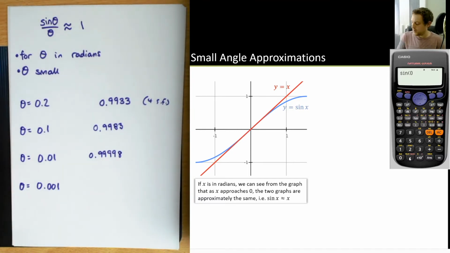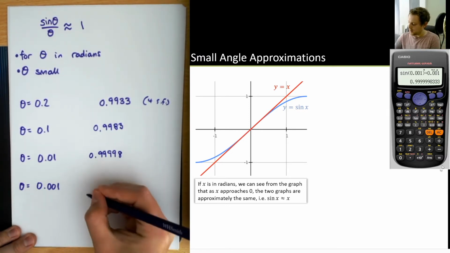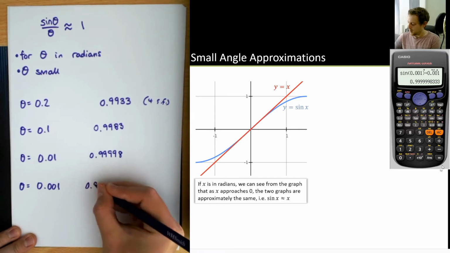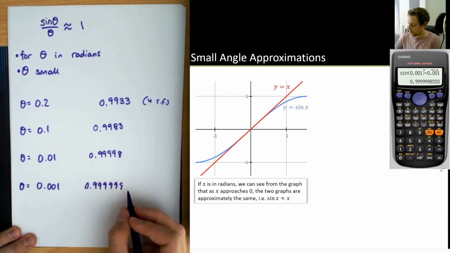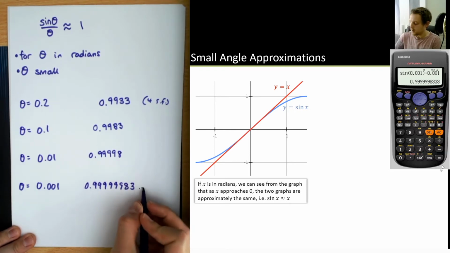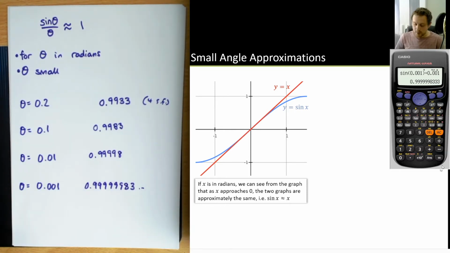And now we'll do the last one. I mean, that is basically right there, isn't it? So there you go. And so what does it mean for theta to be a small angle?